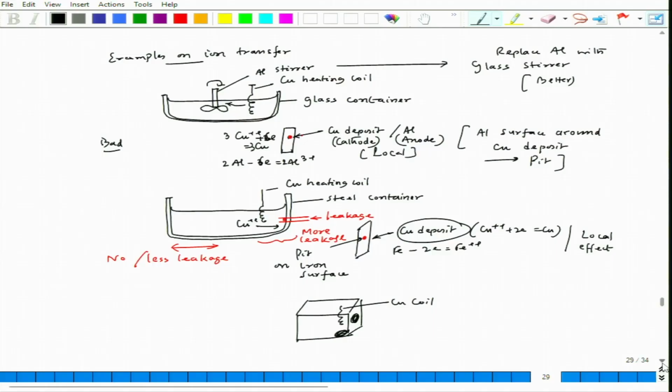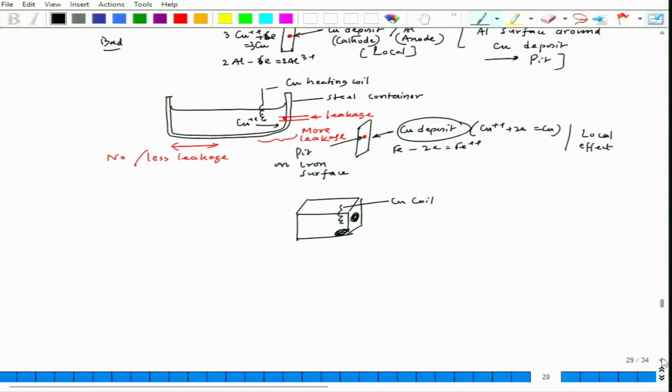But if we place this particular coil at the center of it, so the design modification would be, so this is my tank, instead of placing the copper coil close to one of the walls, it is better to place it at the center.